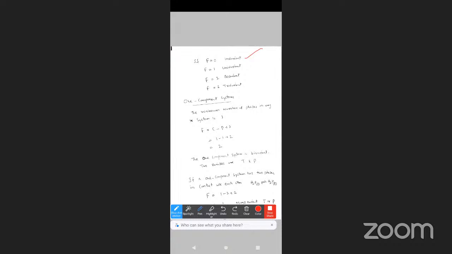When the degrees of freedom is 0, like at the triple point of water, F equal to 0. Hence it is invariant. And when F equal to 1, univariant, like that bivariant and trivariant.